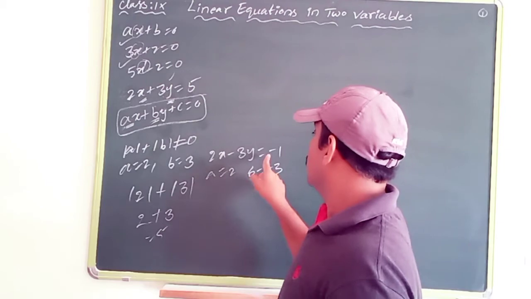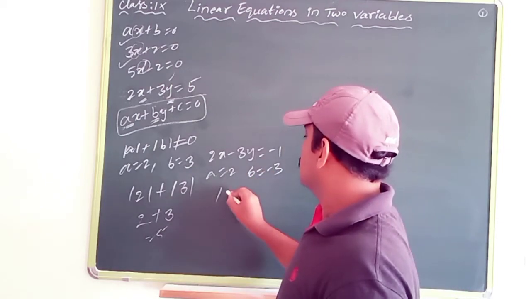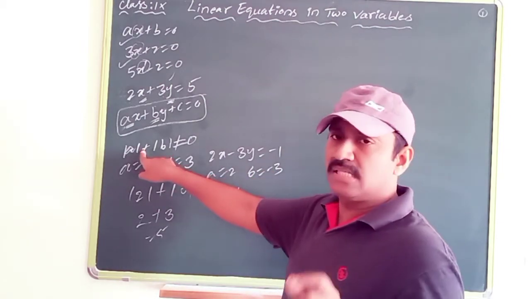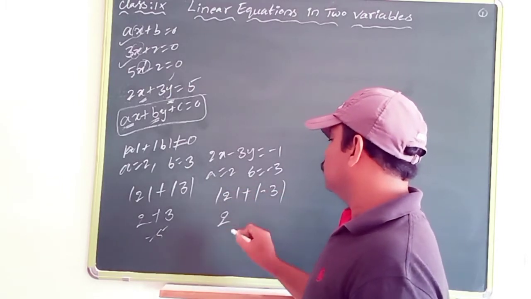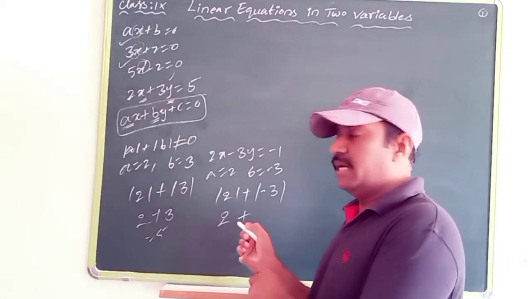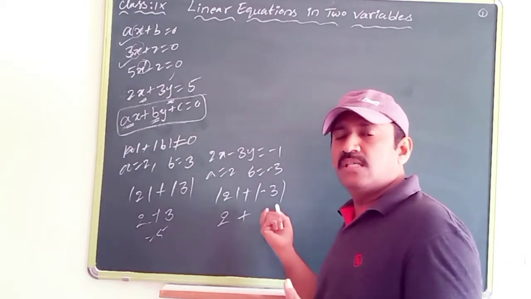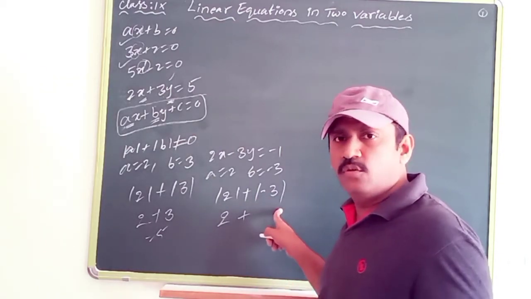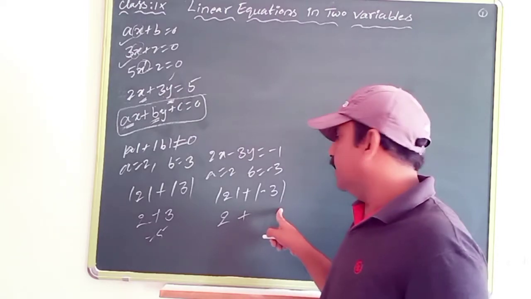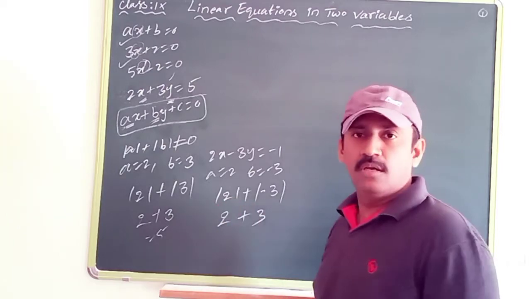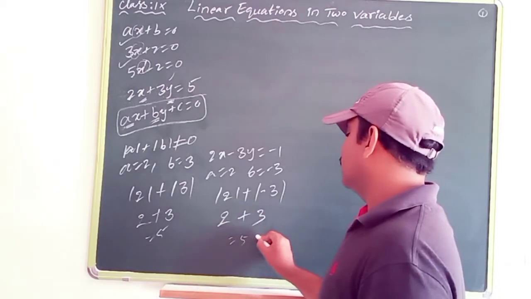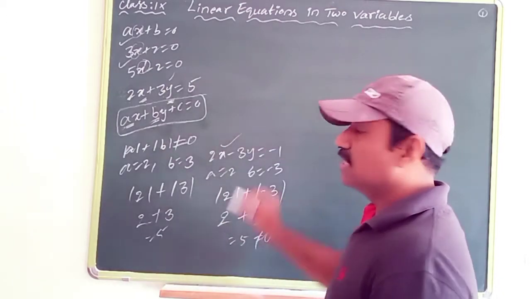Now with b equal to minus 3, as per this condition we take modulus of 2 plus modulus of minus 3. Modulus of 2 is 2, plus modulus of minus 3. Modulus of minus 3 means, for a negative number, the modulus takes its absolute value. Absolute value means this minus 3 will also be taken as positive only. Then the answer here is 5, which is not equal to 0, so it is a linear equation.